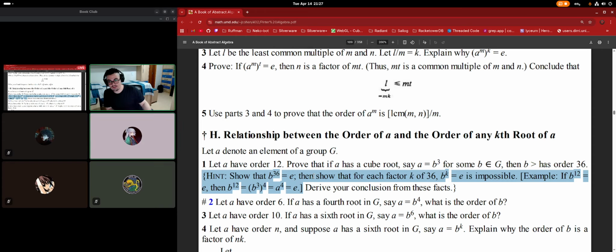If you do the same thing, especially the second part, aren't you going to reach the same contradictions that we did before? Would you? You have to prove that all of the products up to b to the 59 cannot be identity. No, I don't, because we only use divisors of that.